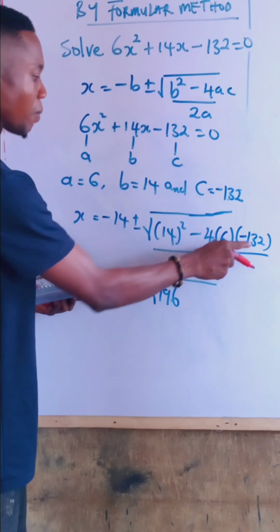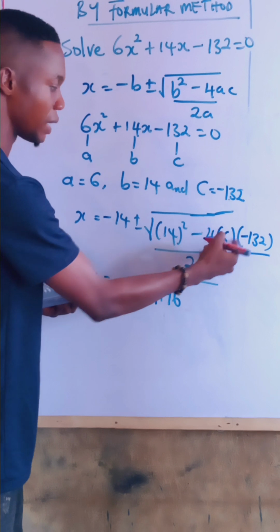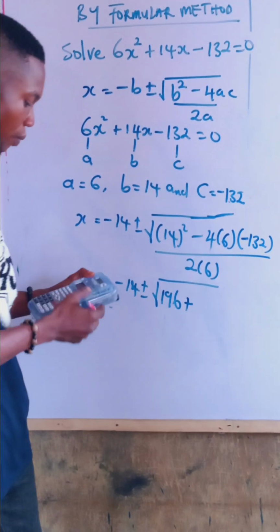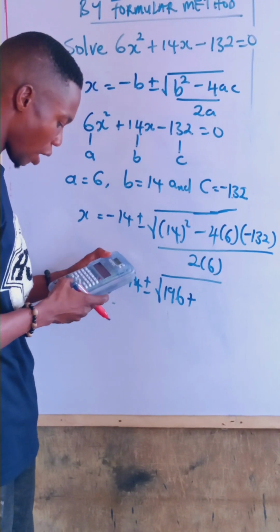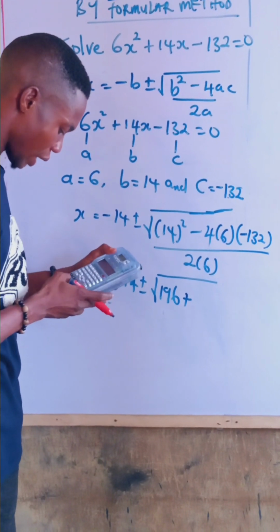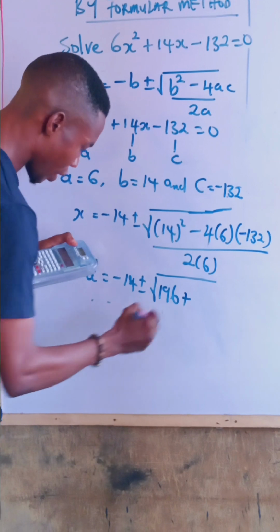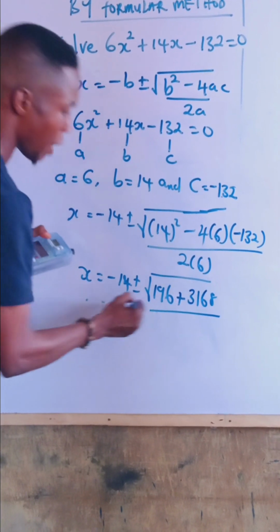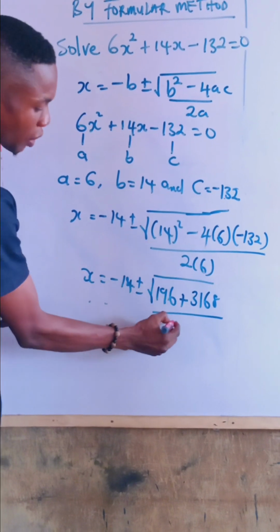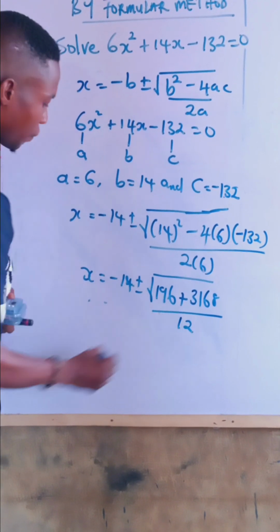And minus times minus, negative times negative, that is positive. Our 4 times 6 is 24, and 24 times 132, we get 3168, divided by 2 times 6, we get 12.